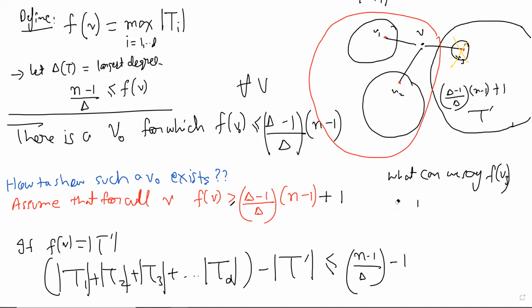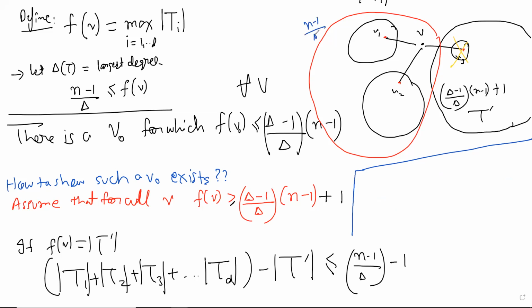Yeah, this one is a little tricky. Even that is the problem with me also. So this chunk size is at most n minus 1 by delta minus 1. Is this right? This red chunk, that is one chunk, right? And that has this size.